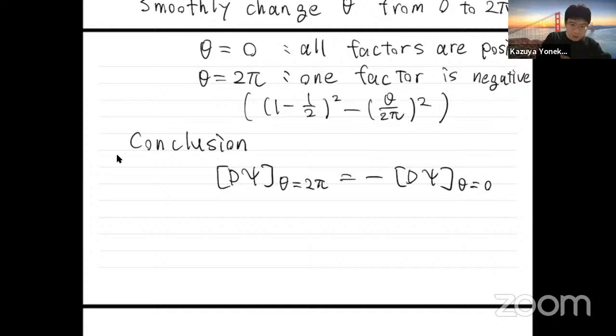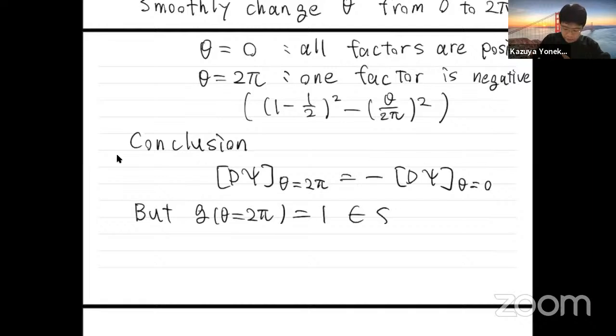So, but also, I'm sorry that I'm running out of time, but let me conclude my lecture today. But this element, G at theta equal 2 pi, is actually the identity element of SON, because 2 pi rotation is just the identity.